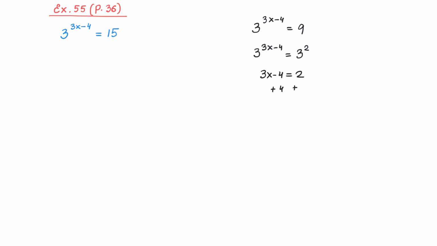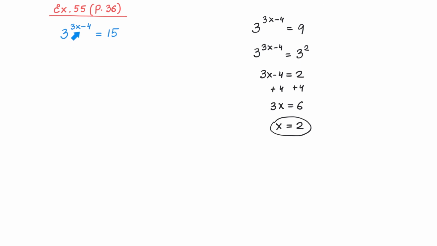We will add 4 on both sides. We will have that 3x equals 6. We will divide both sides by 3, and x will be equal to 2. And indeed, 3 times 2 makes 6, 6 minus 4 makes 2, and 3 to the power of 2 makes 9.